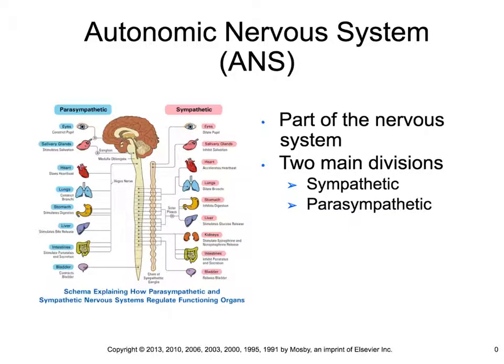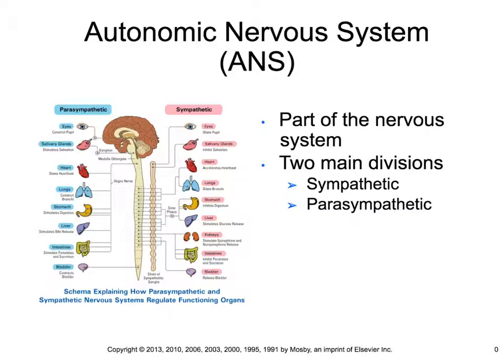So I want you to note that some of the confusion with the ANS unit is due to many terms that are used interchangeably. For example, if a drug exhibits sympathomimetic, which means mimics the sympathetic nervous system, it is said to be adrenergic.